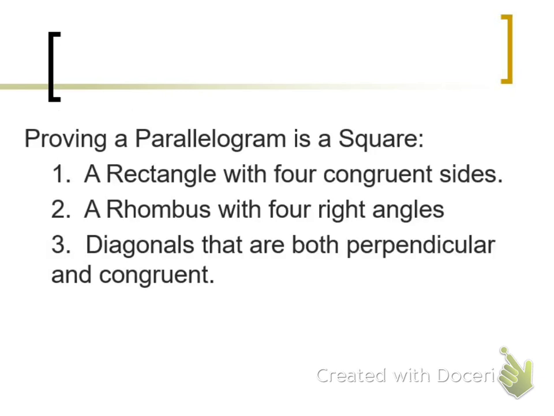Next, we've got showing or proving that a parallelogram is a square. We can do that if we know that it's a rectangle, or can show that it's a rectangle and that all the sides are congruent. Or if we know that it's a rhombus and can show that all the angles are right angles.